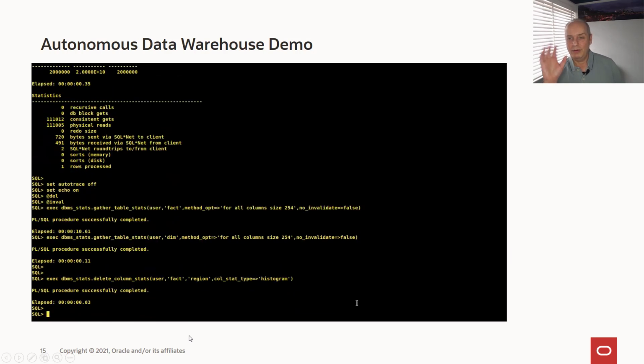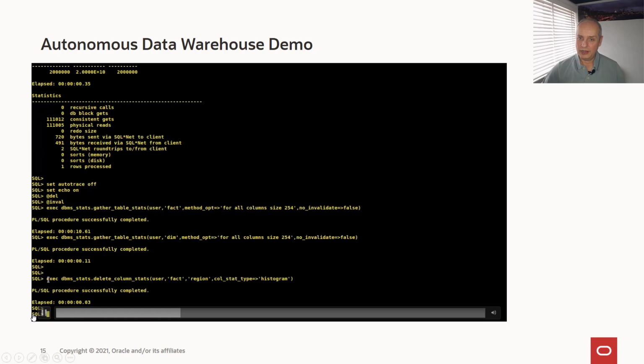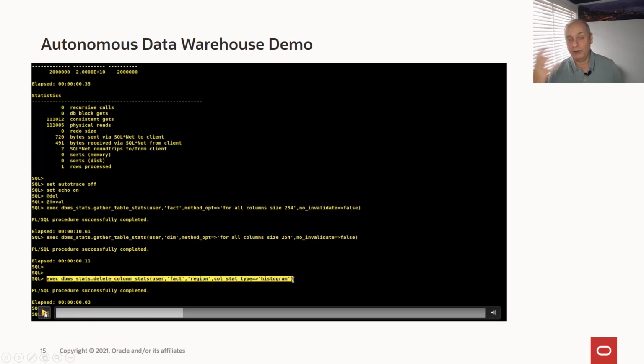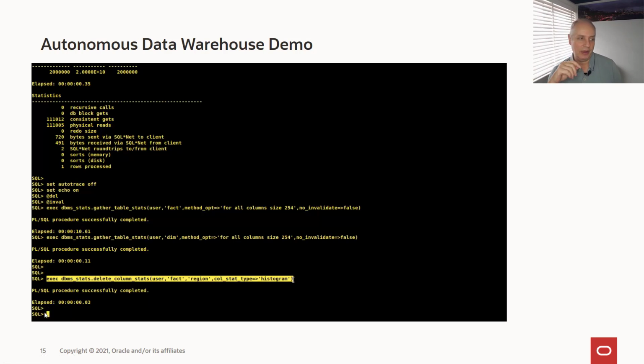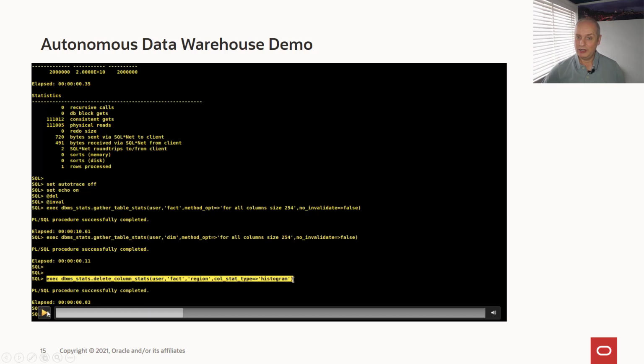What I'm doing here, you'll see, is delete column stats. This is the key thing. What I'm doing is something that could conceivably happen in a database where something has changed. A key statistic has been dropped. So now the optimizer is blind to changes in skew. It can't see it anymore.